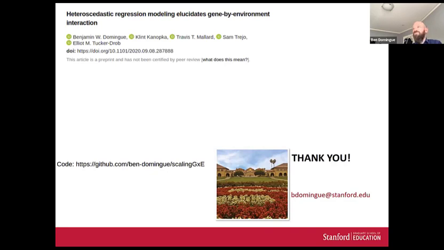This grew out of my frustration with being asked to review a bunch of G by E papers that are doing very simple things and drawing very big inferences that are quite likely wrong. And so the hope here is really just to get people to move to a class of slightly more complex models that might elucidate some of the features that are really driving what's going on.